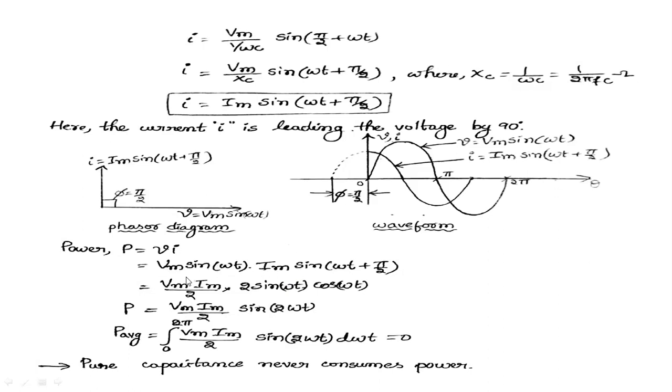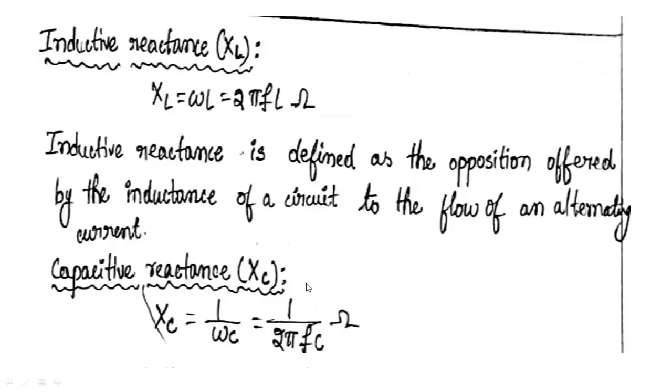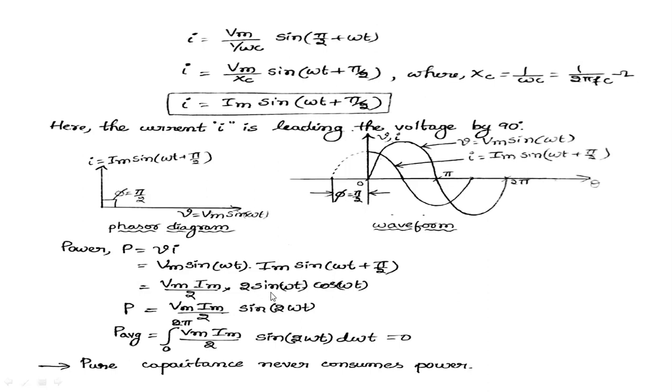By simplifying, Vm Im by 2 into 2 sin omega t cos omega t, since sin omega t plus pi by 2 is cos omega t. Then power p equals Vm Im by 2 sin 2 omega t, as 2 sin theta cos theta is sin 2 theta.